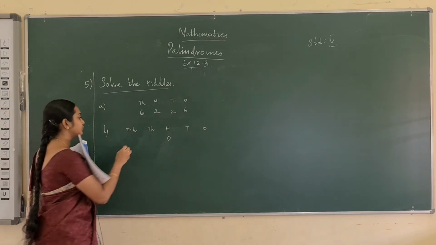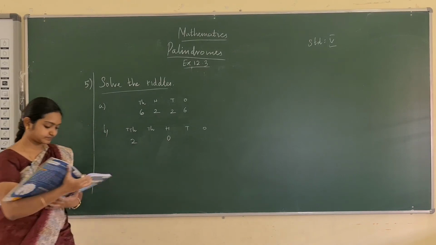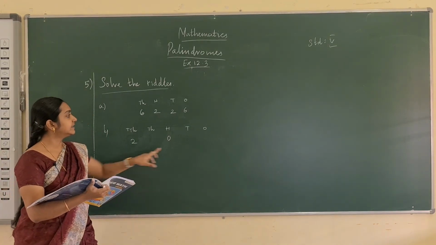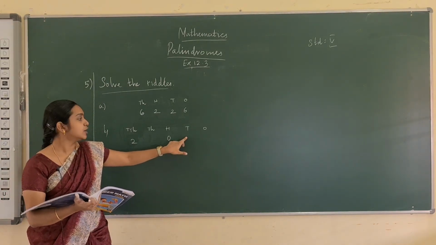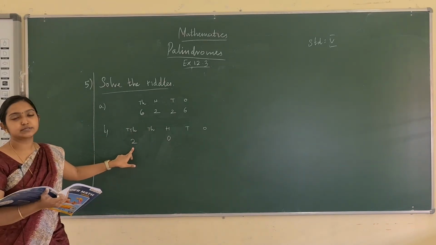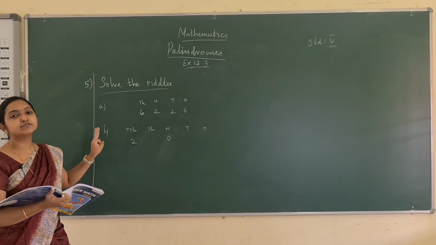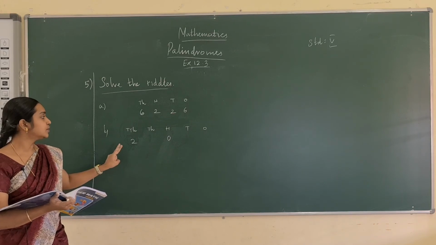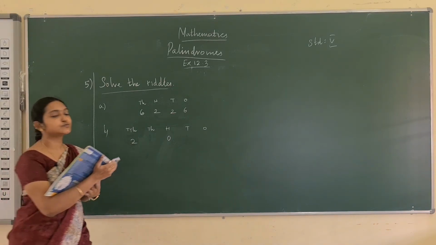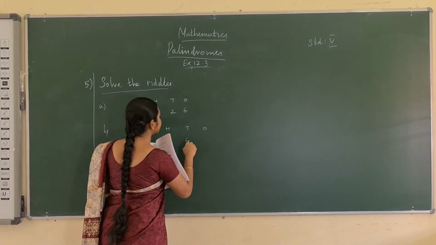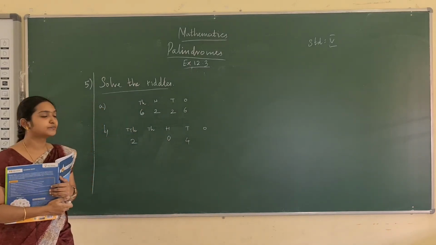So that will be 2. It is given that the number in the tens place is twice the number in the 10,000s place. Twice means we have to multiply it with 2. So 2 into 2 is 4. So the number in the tens place is 4.